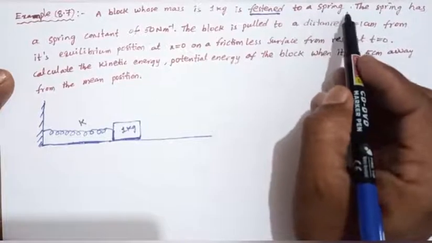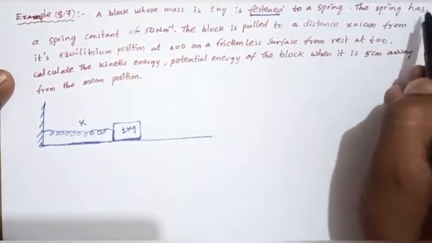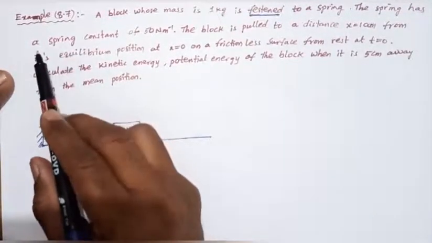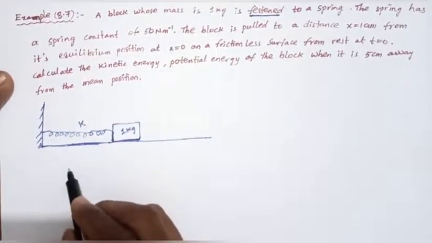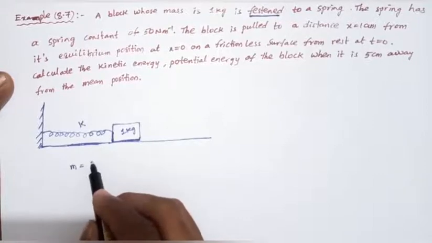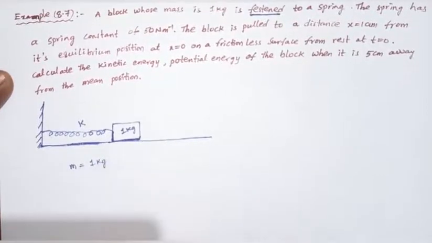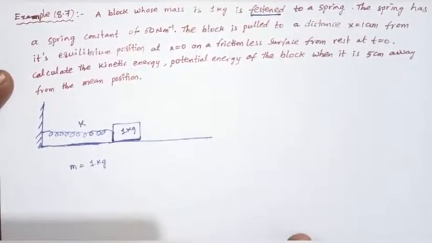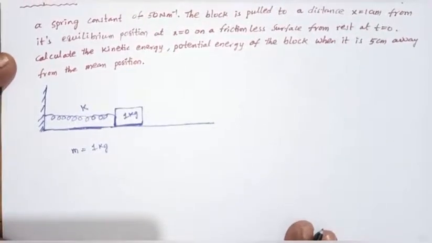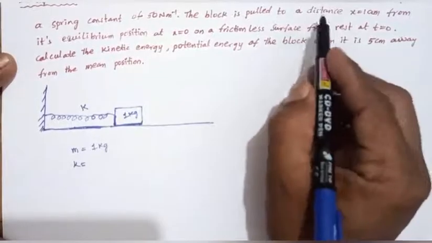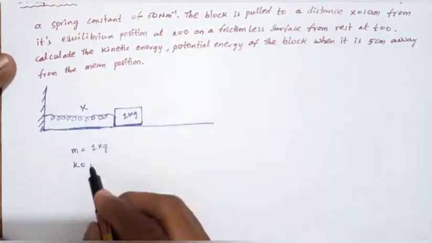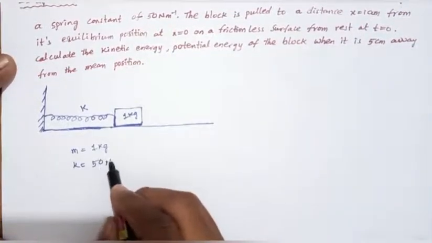The spring constant we have taken as k. Here the spring has a constant of 50 Newton per meter. So the mass is first of all 1 kilogram, it is given. And second, the spring constant k equals 50 Newton per meter.